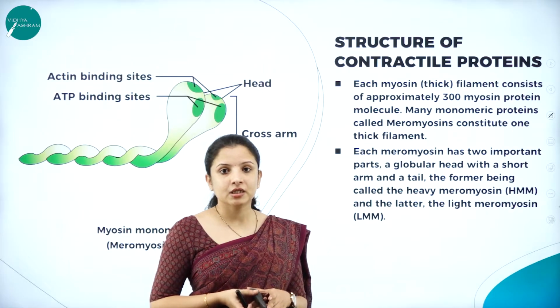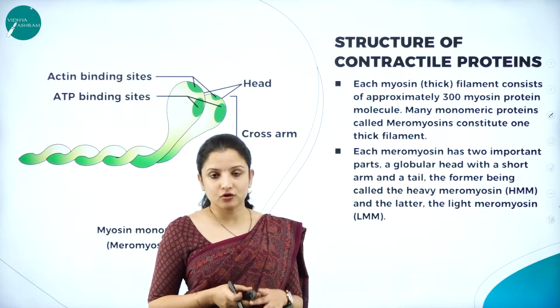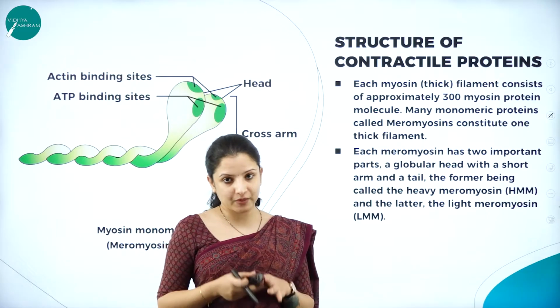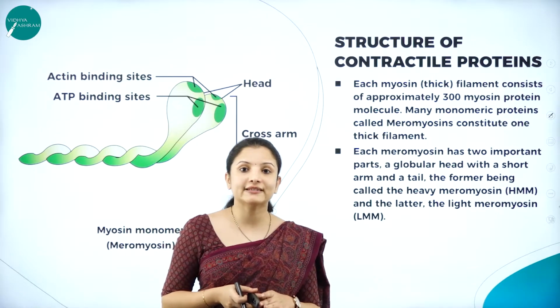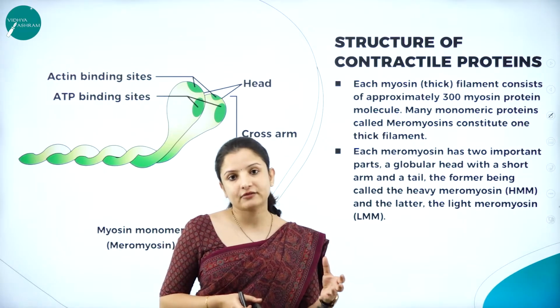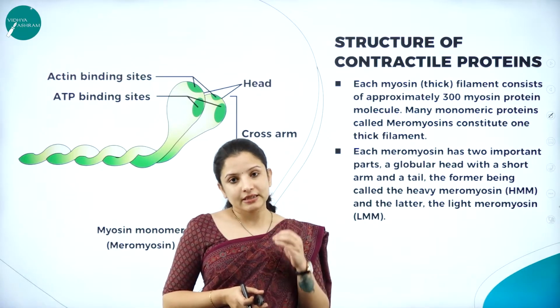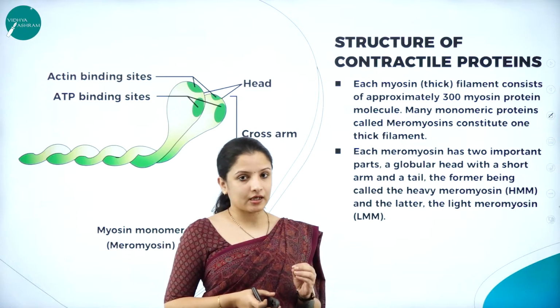The myosin filament is made up of myosin protein, and this filament is also called the anisotropic band, or the A band, or the thick filament, because it is thicker when compared to the actin filaments, and these myosin filaments are darker in color.